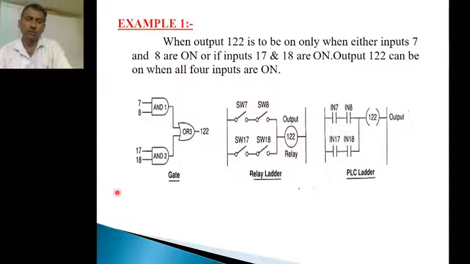So what is the first example? Output 122 is to be on only when either inputs 7 and 8 are on, or inputs 17 and 18 are on, and output 122 can also be on when all the 4 inputs are on.